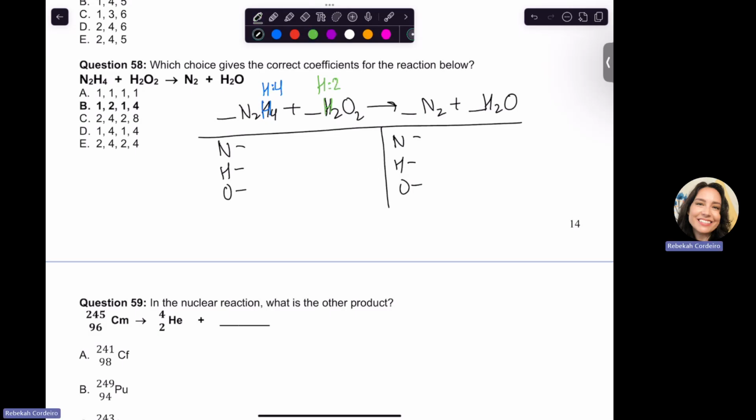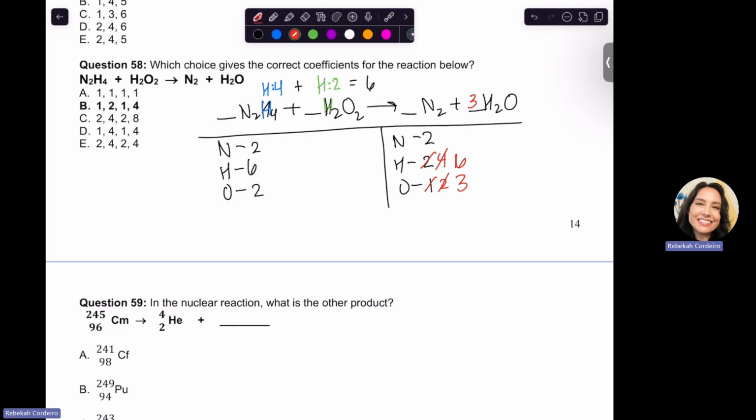We're going to add them up for the total. So let's start with our oxygens. We need to have 2 oxygens on this side. Give me 4. And I need more H's on the right side still. So I have to just move this number up to 3 because I still need more H's on the right side. So this is 6 and this is 3.